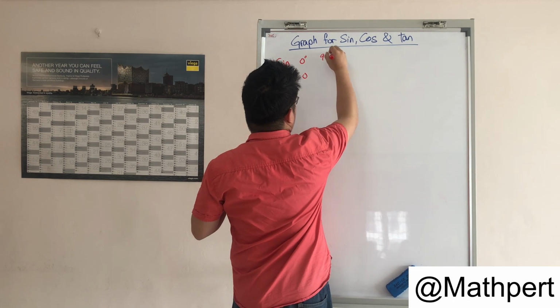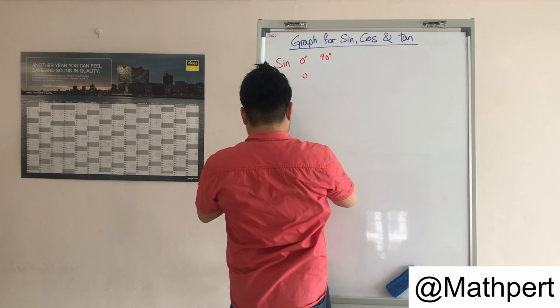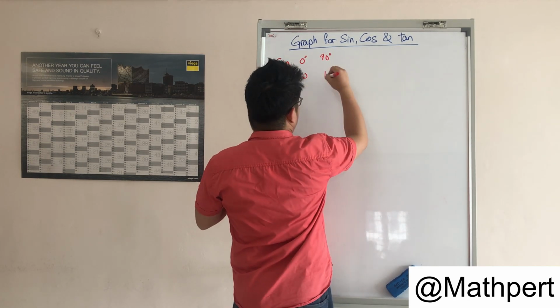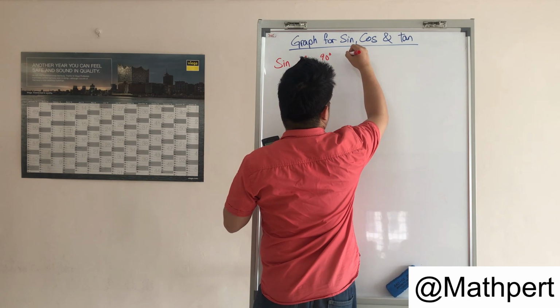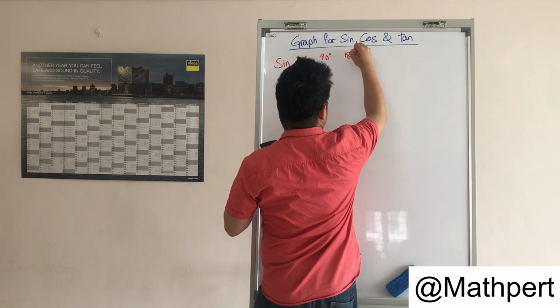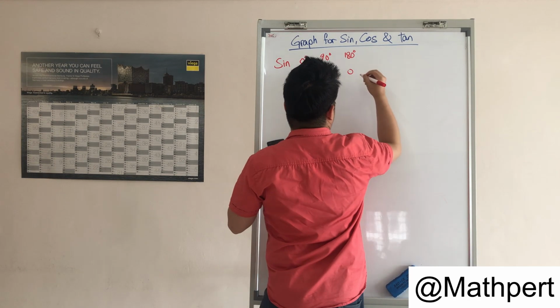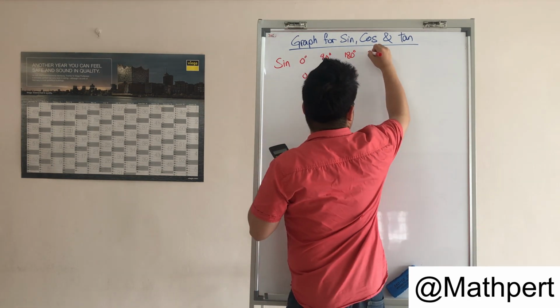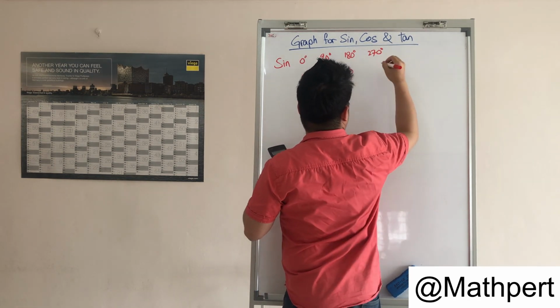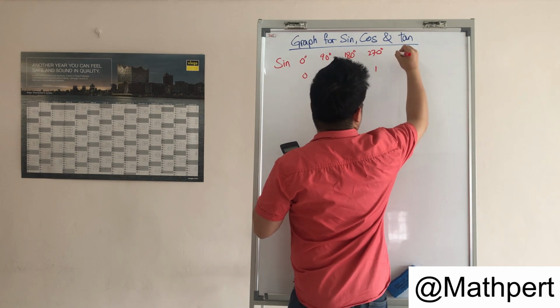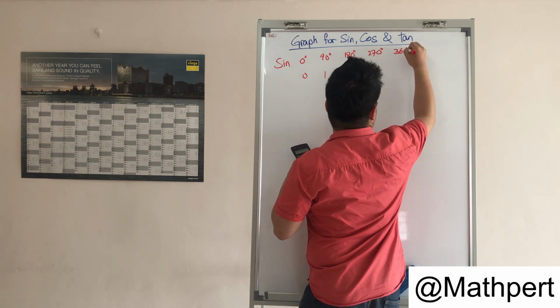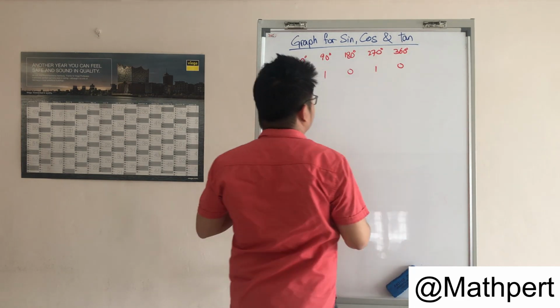Sine 90 degrees we get 1. Sine 180 degrees we get 0. Sine 270 degrees we get negative 1. Sine 360 degrees we get 0.